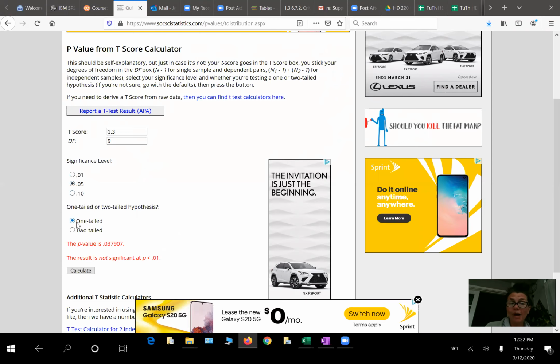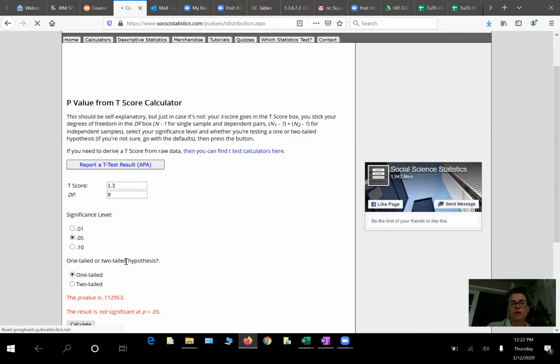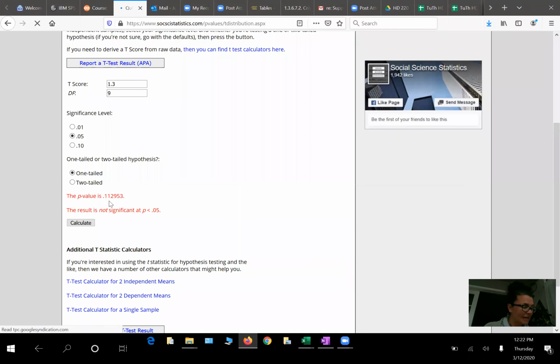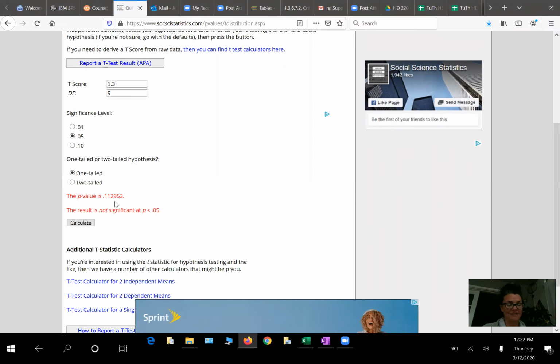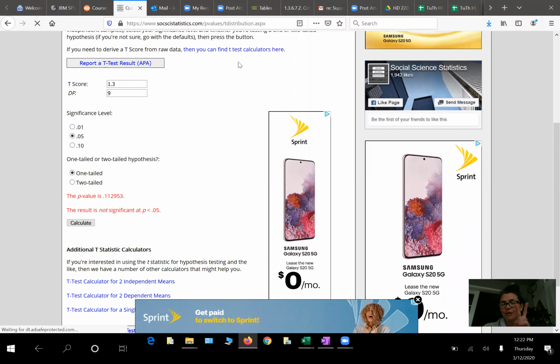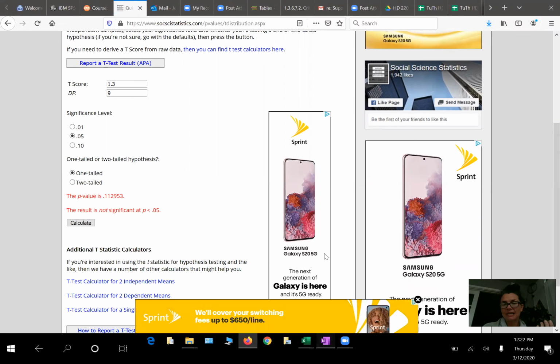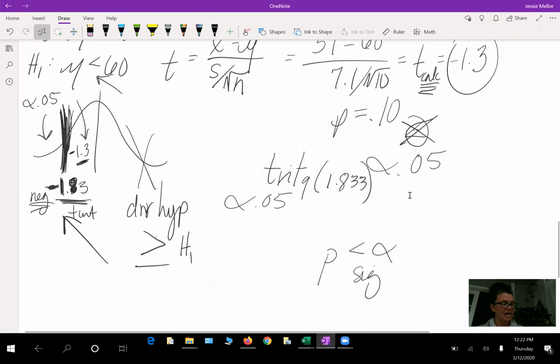I am in that one tail, and I'm going to calculate it. For that t, my calculation is a 0.11. That p-value of 0.11 is not significant. So same thing, we found two different ways to tell us that it just isn't significant.